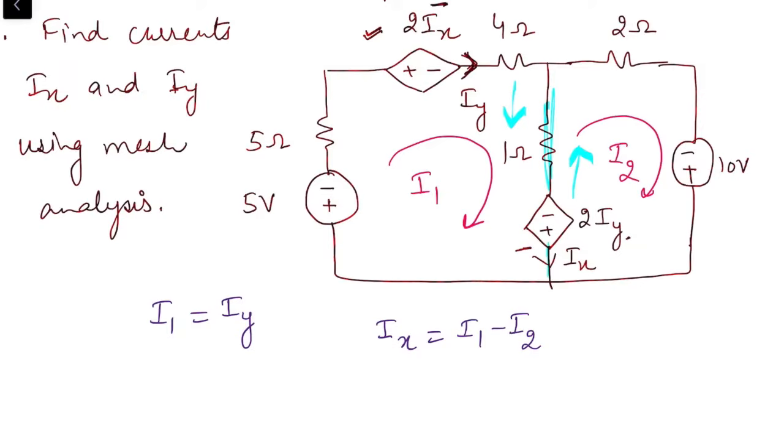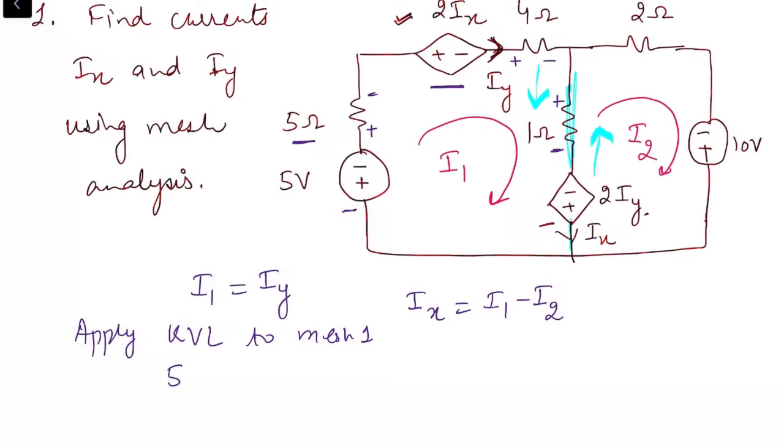The next step is we have to apply KVL to each mesh. So I'm firstly applying KVL to mesh 1. I will start with this 5 volt source. Positive sign is coming first, so plus 5. Then drop across 5 ohm resistance is 5 into I1, since the current through it is I1.